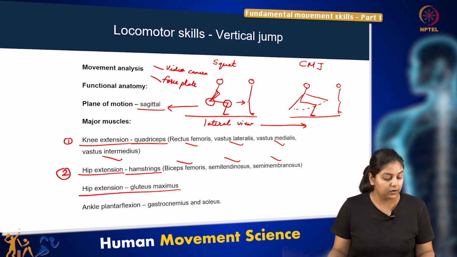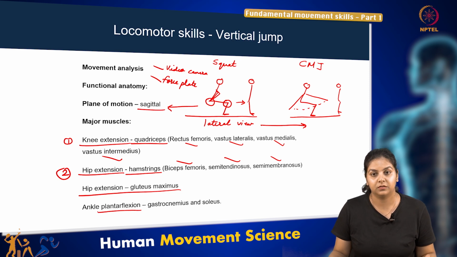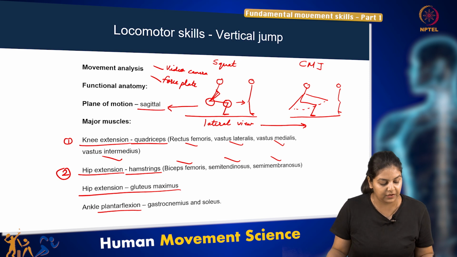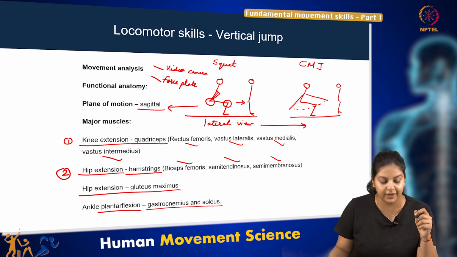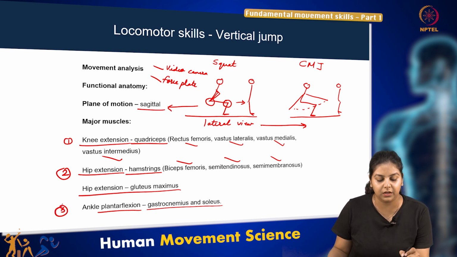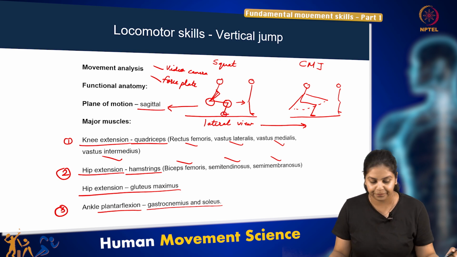So we are having ankle plantar flexion. So you have dorsiflexion and plantar flexion. So we have ankle plantar flexion going on, and the muscles that are responsible for ankle plantar flexion are your gastrocnemius and your soleus. So three major actions happening here at the hip, knee, and your ankle joint.